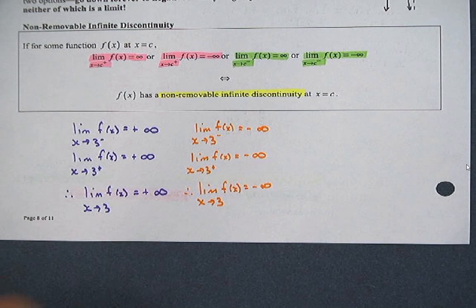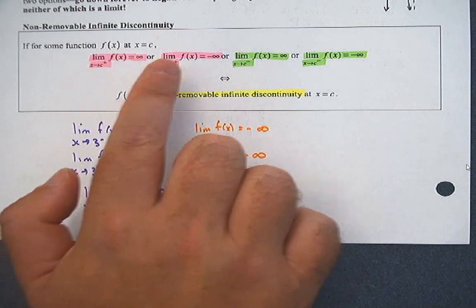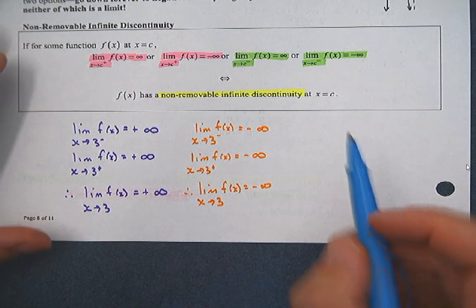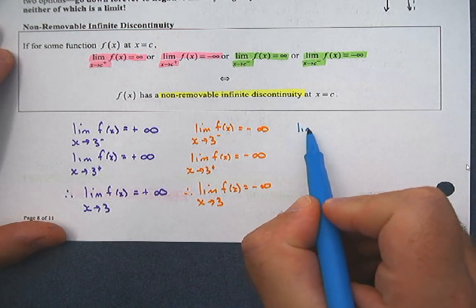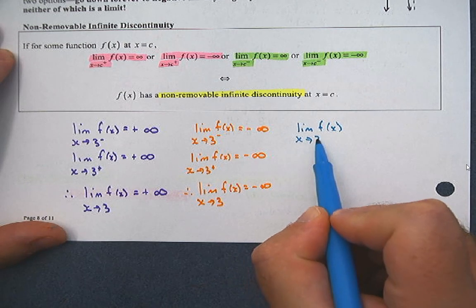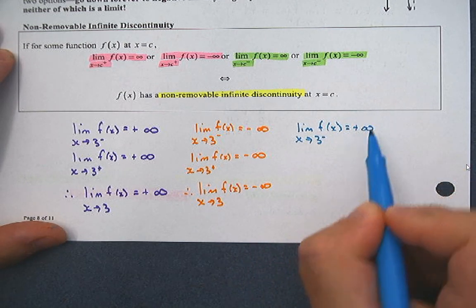So what happens if one goes towards infinity and one goes towards negative infinity? That's what I think they were trying to talk about here. So I would say the limit of f of x as x approaches 3 from the left equals positive infinity.